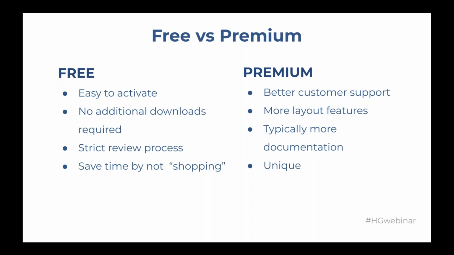As a general rule, I feel like premium themes may give you more layout options, more customization features, and they might even perform better. Premium themes typically come with more thorough documentation and even customer support, which can be really helpful during the setup process. And I'm going to show you how to look for that too.